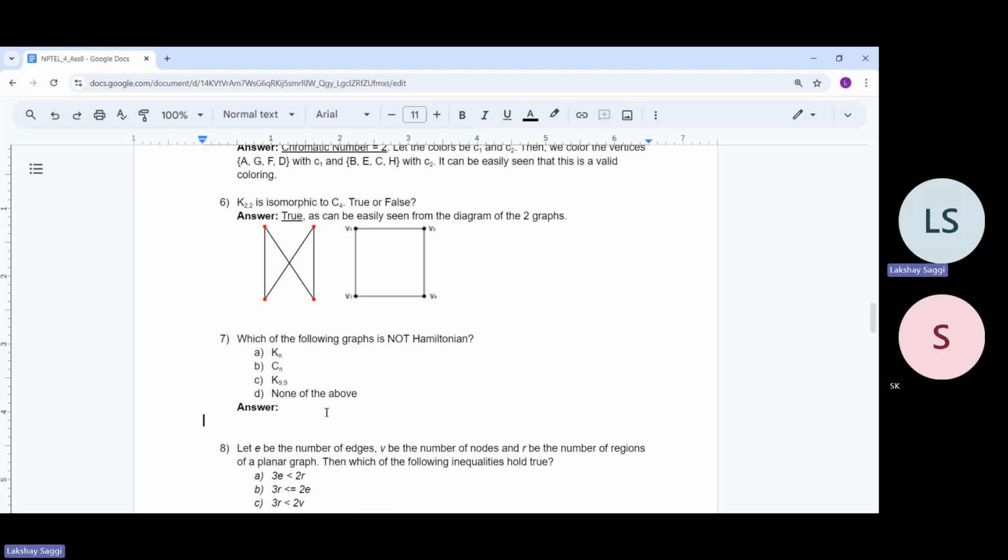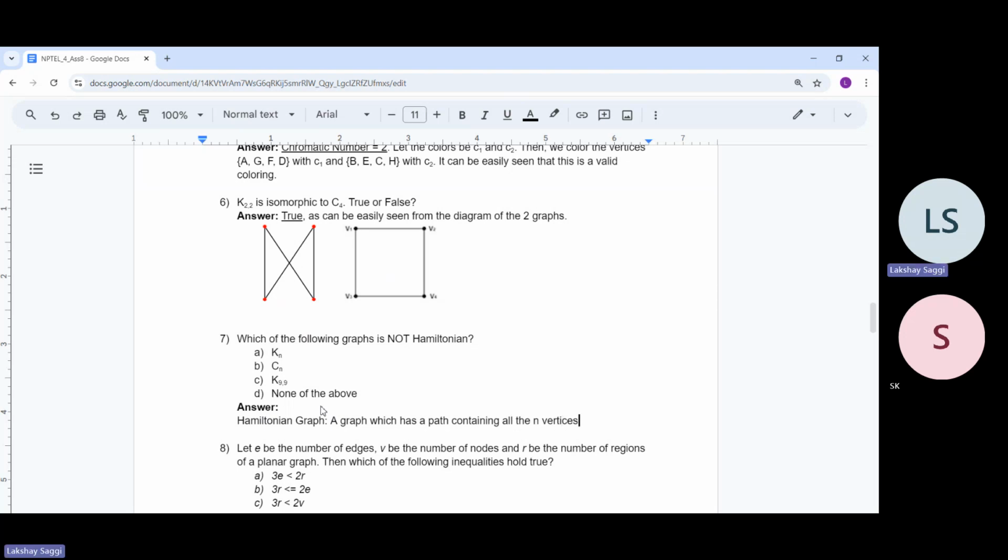So just once again revising the definition. What is a Hamiltonian graph? A Hamiltonian graph is nothing but a graph which contains a path containing all the n vertices.